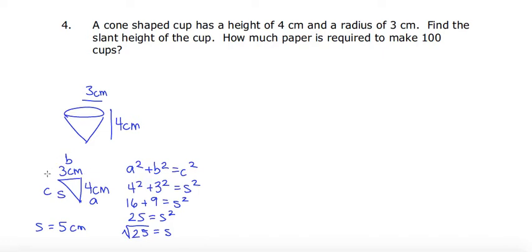So now that I have the slant height, then I can figure out the surface area of the cone, because I want to know how much paper is required to make 100 cups, but first I need to figure out how much paper is required to make 1 cup.